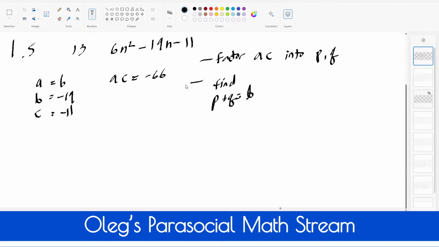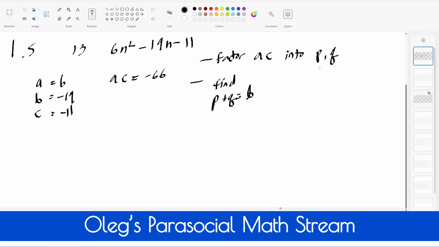Well, 19 is a tricky one, so we really have to think about how we're going to factor 66. Let me check my numbers one more time. We have 6 times 11, that's 66, and we need 19. p plus q is equal to b, and this is factors of a and c, so fine.